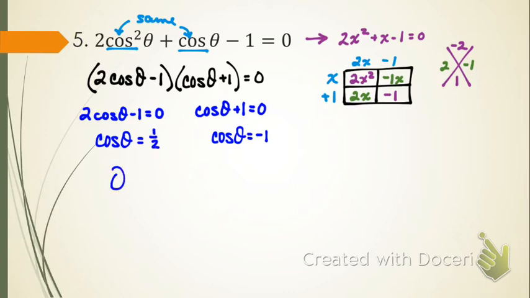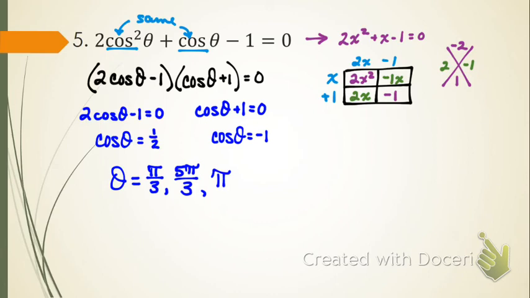So where is cosine +1/2? Yep, pi over 3 and 5 pi over 3. Where is cosine theta equal to -1? Pi.